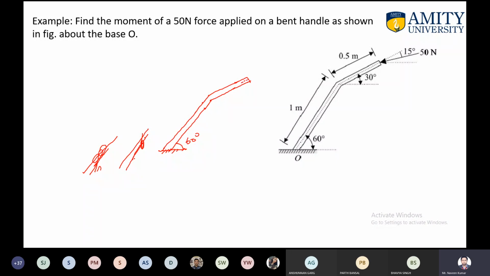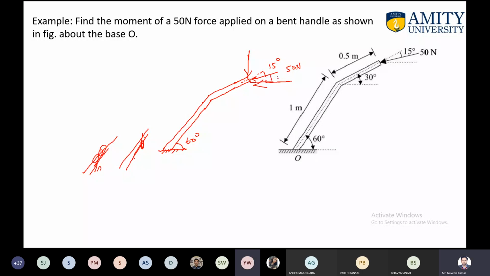So at this point, the force is applied at an angle of 15 degrees, and the force is how much? 50 Newton. Fine. So let us say this is horizontal here, and from here we have to introduce two forces, because this is the force which is acting at an angle.